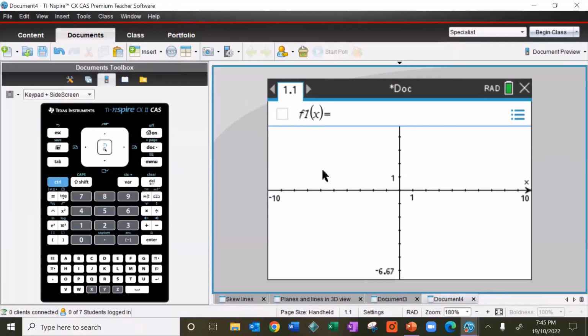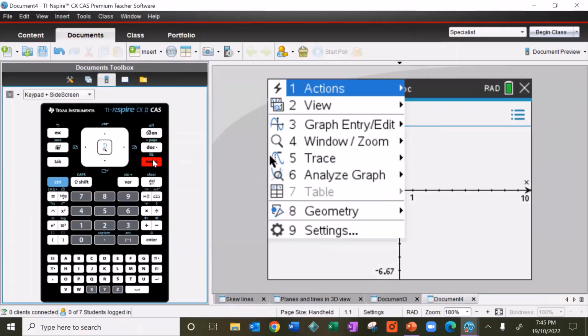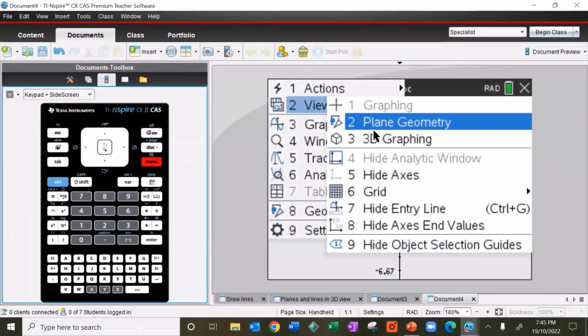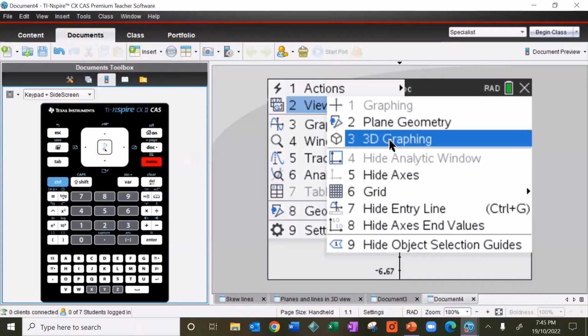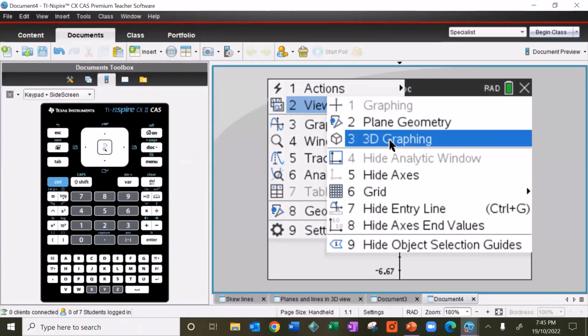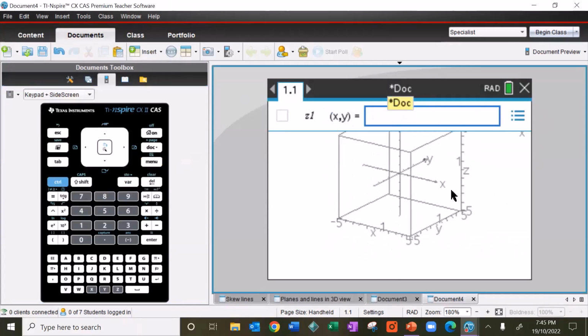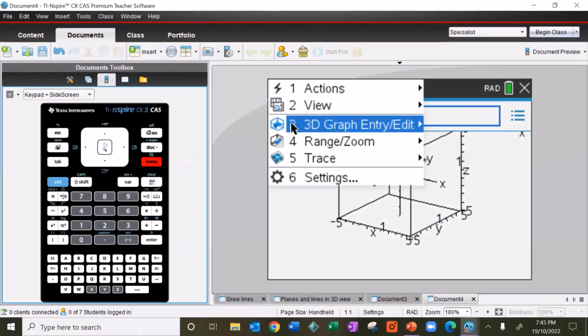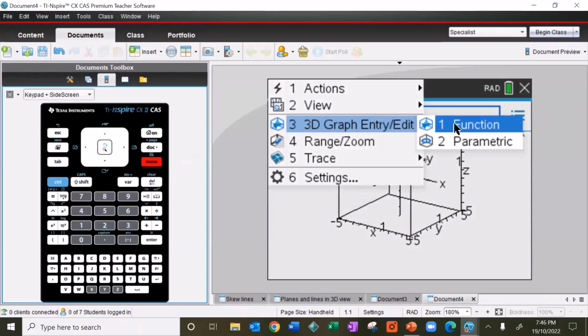So if we want to draw in 3 dimensions, we go menu, view, and it's something which is called 3D graphing. So we can see now that the box with 3 axes appears. Now I start by drawing straight lines. So again, if we look at 3D graph entry, I can have a function, which is what it started with, and we draw planes using function.